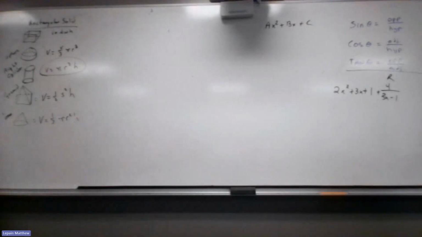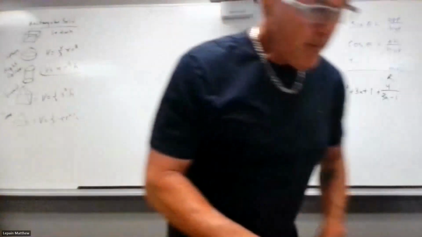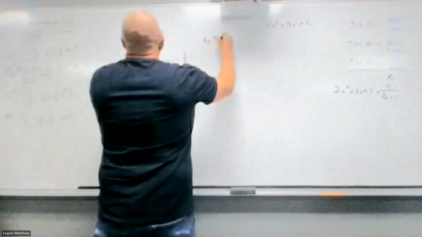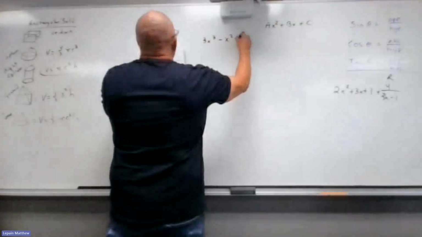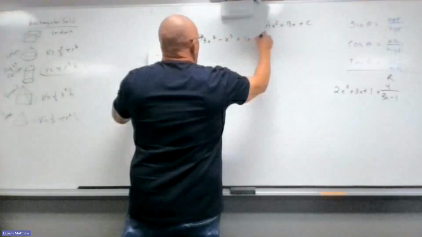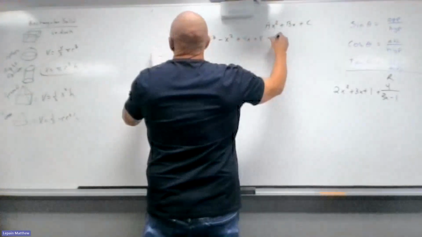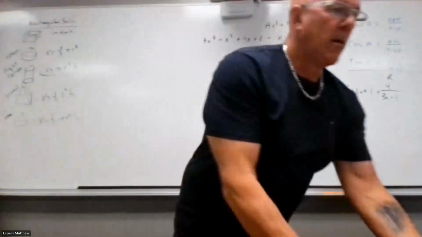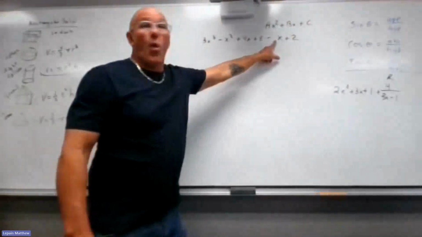Okay. So here's the deal. We got 3x cubed minus x squared plus 4x plus 8 divided by x plus 2. All right. So my A is 1.